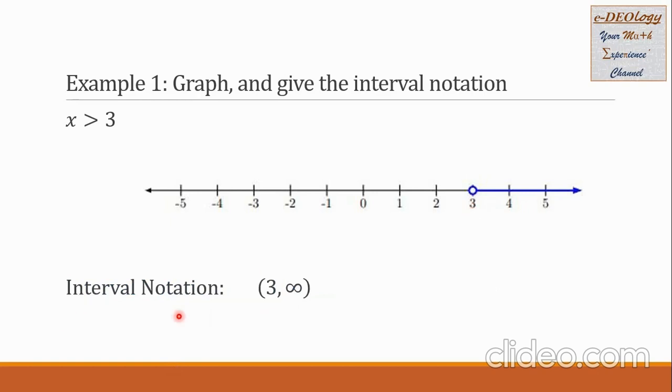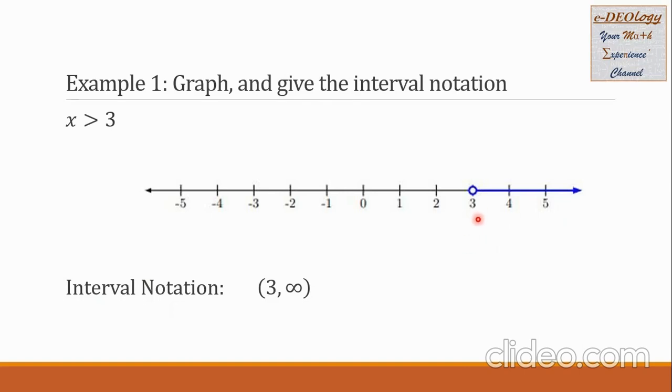Next, for the interval notation, we're going to put the solution set and we're going to write the endpoints of the solution set. Take note, the first number that we're going to write is the lowest.